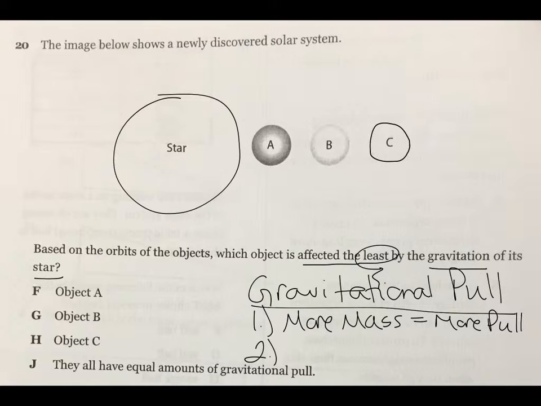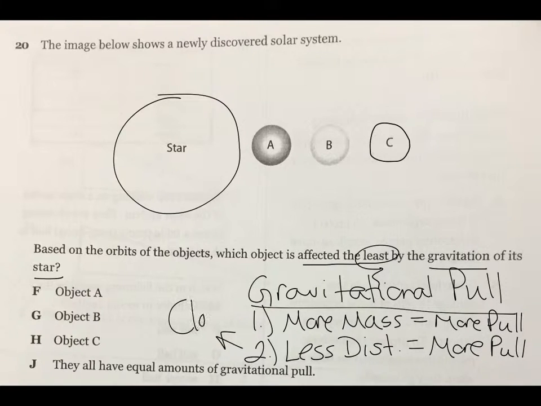Great job, distance. So in this case, it's not the more distance, the more pull. It's the less distance there is between objects, the more pull. So the closer the two objects are, the more gravitational pull they have towards each other.